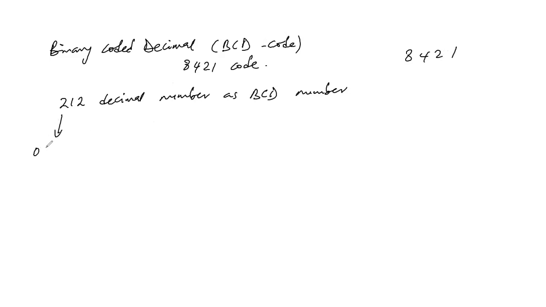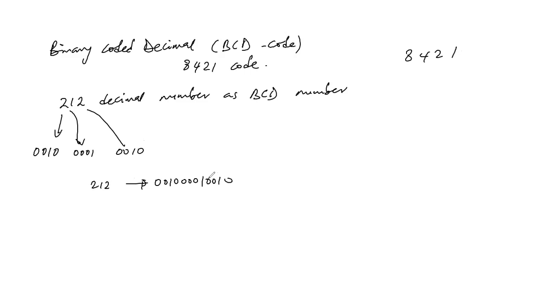So 8 is turned off, 4 is turned off, 2 is turned on, 1 is turned off. Then for 1, 8, 4, and 2 are turned off, only 1 is turned on. Then for 2, we have the same 0010. So 212 is 0010 0001 0010.